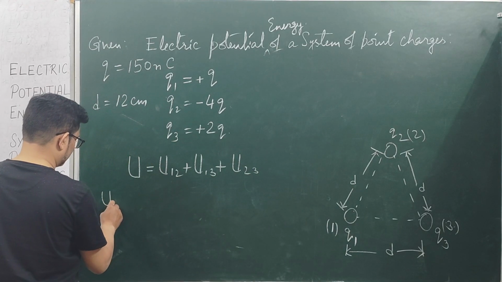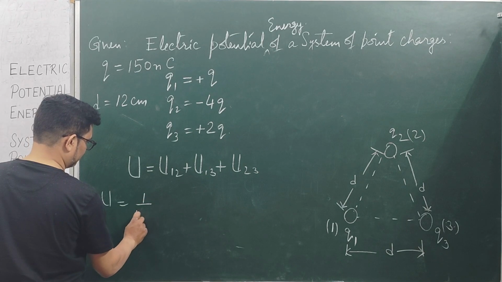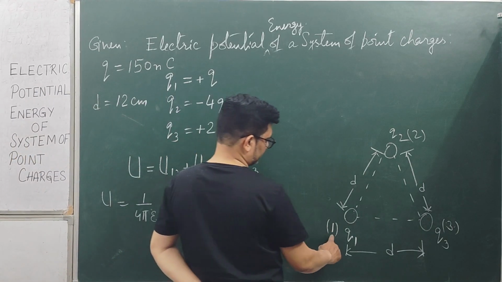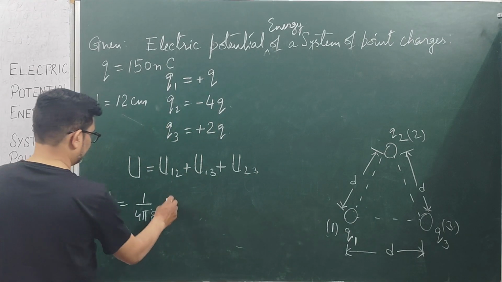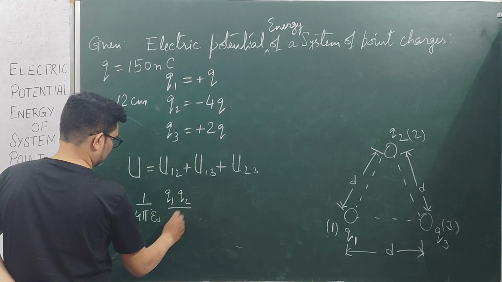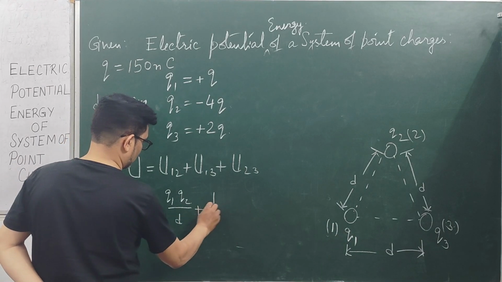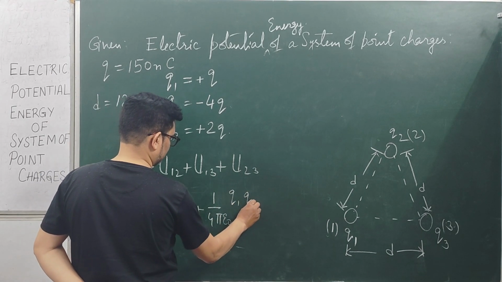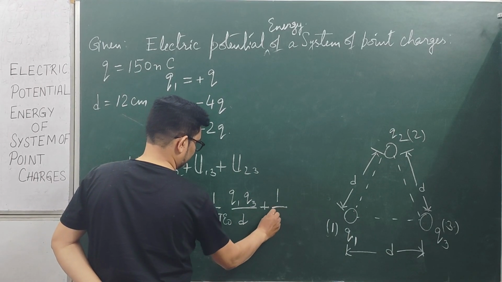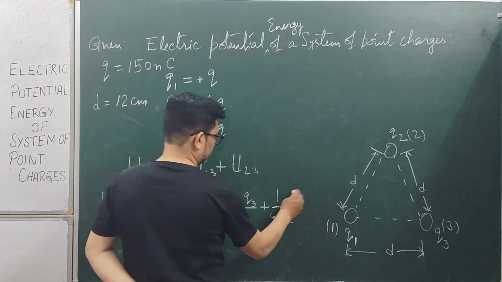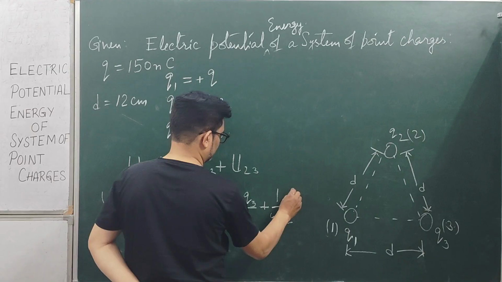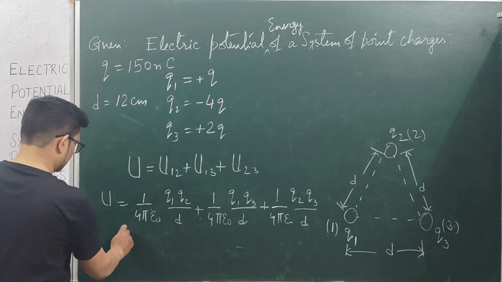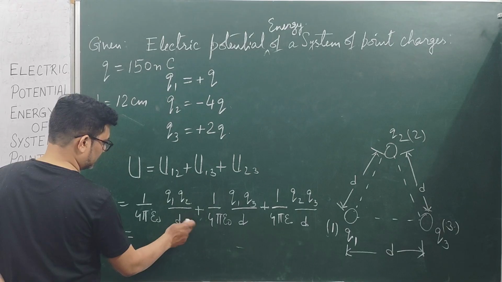We know this U12, it would be 1 over 4 pi epsilon naught, and 12 means this and this, so it would be Q1 Q2 over D, plus 1 over 4 pi epsilon naught, Q1 Q3 over D, plus 1 over 4 pi epsilon naught, for 2 3, these two, Q2 Q3 over D. Whatever is common we can take out, and then we can sum it up.